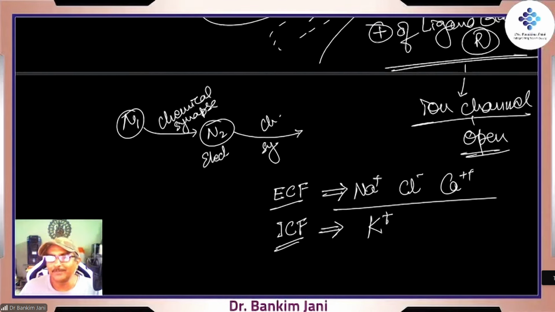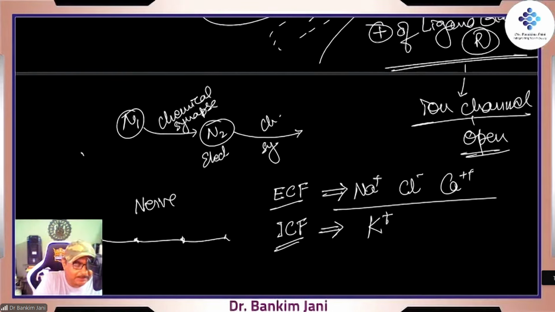So when you put nerve in the place of neuron in the RMP of neurons, the thing is, nerve is one neuron to second neuron to third neuron to fourth neuron. It's a complete chain. This is N1, N2, meaning this is neuron 1, this is neuron 2. That's how they are.